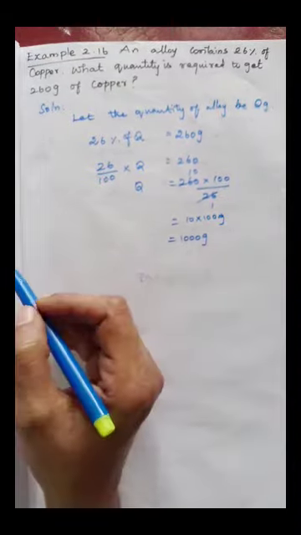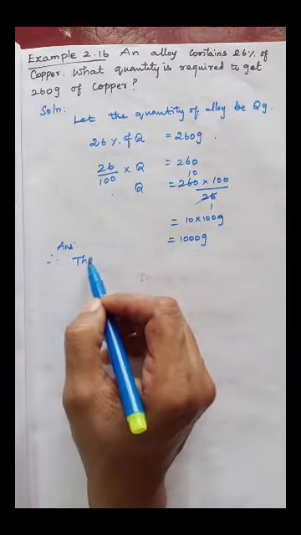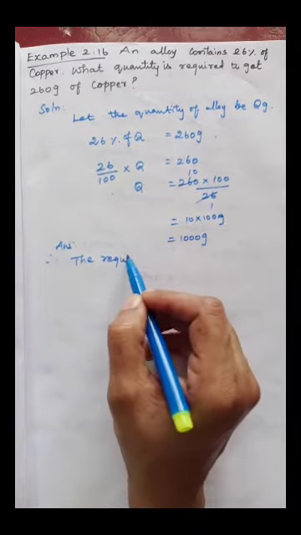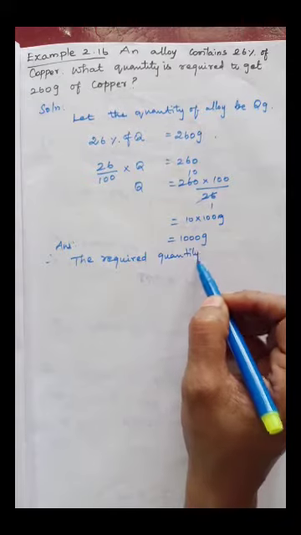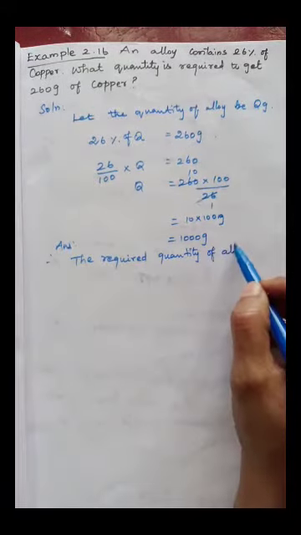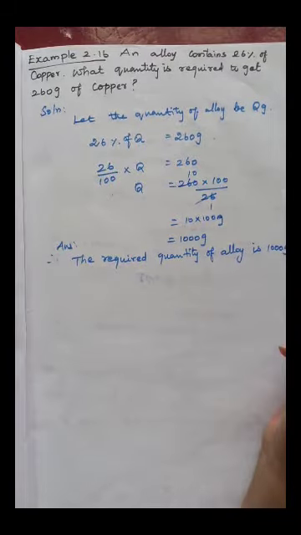Therefore, the answer: the required quantity of alloy is 1000 gram.